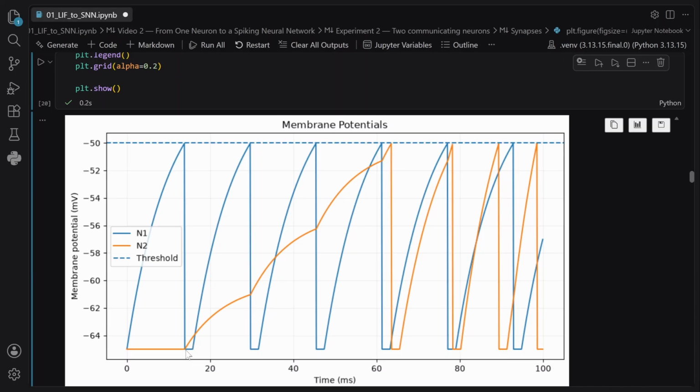Then we have this refractory period. It goes up, up, all the way here. And then we have another spike. We start again, going up, all the way here. Another spike, up. Finally, we hit the threshold, go down, again we have this refractory period, and we move up again.